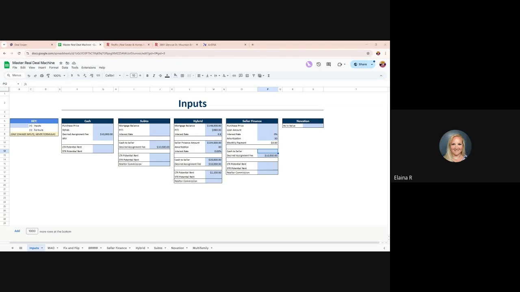Let me find it. So total purchase price is $464,500. And that $53,000 down payment, is that including the assignment fee? Yes. Oh, okay. So hopefully they got under contract for no more than $46,000.